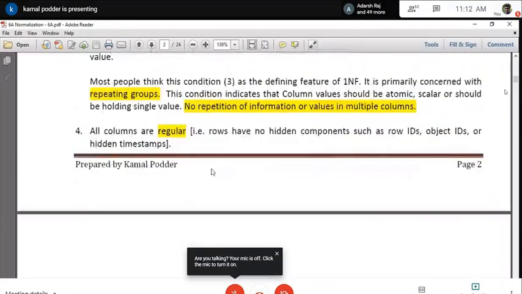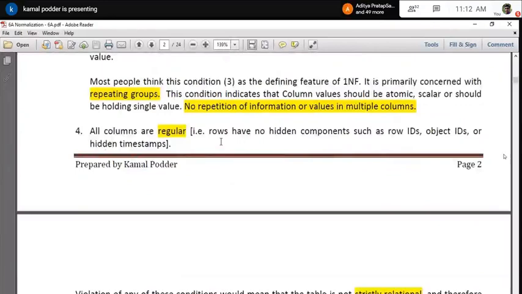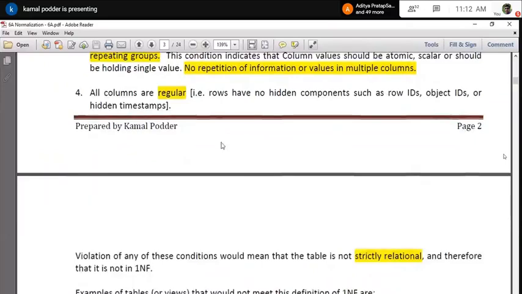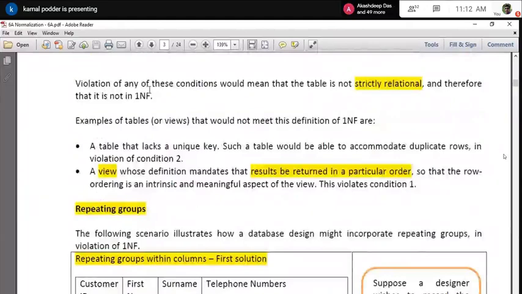All the columns must be regular, and you should not use any hidden component such as row ID or object ID. Violating any of these conditions means the table is not strictly a relation, and therefore it is not in first normal form.